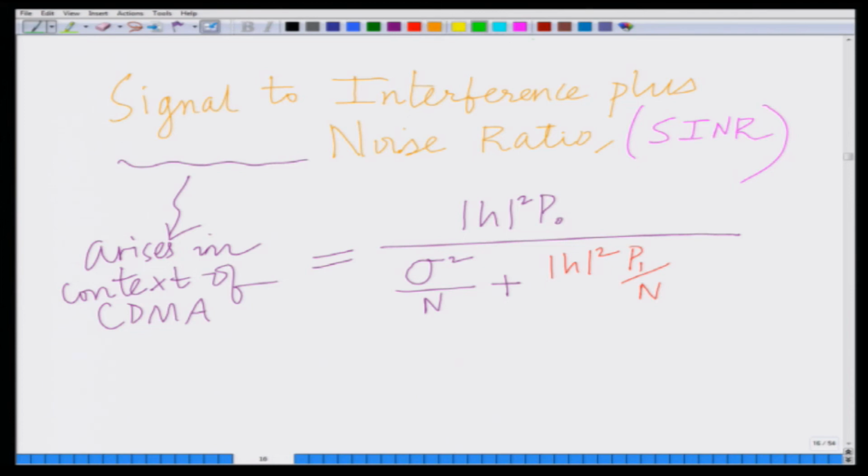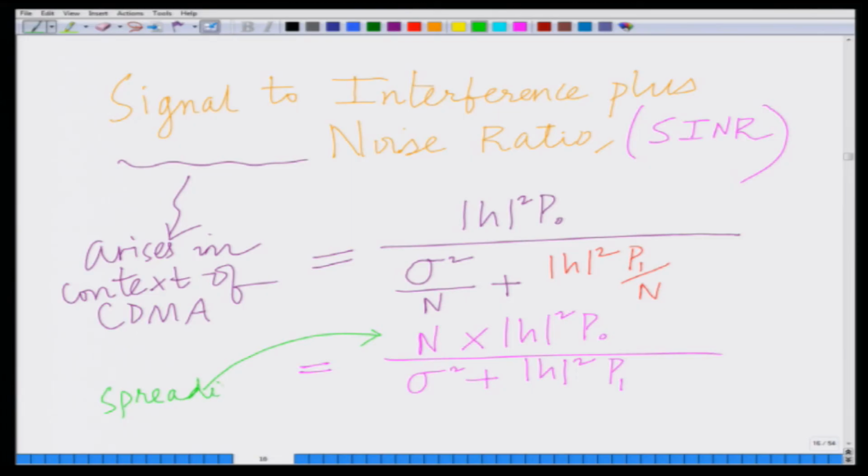Therefore, this can now be simplified as n times magnitude H square P naught divided by sigma square plus magnitude H square P1, where as we have seen previously, this n is the spreading gain and this P1 in the denominator is arising because of the multi-user interference.